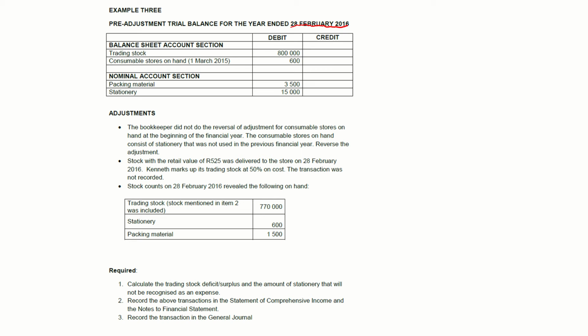However, what you need to read carefully here, guys, is the fact that they said to you, consumable stores on hand is 600,000, and that balance is on the 1st of March 2015. If the end of the financial year is the 28th of February 2016, it means that the beginning of the financial year was the 1st of March 2015.